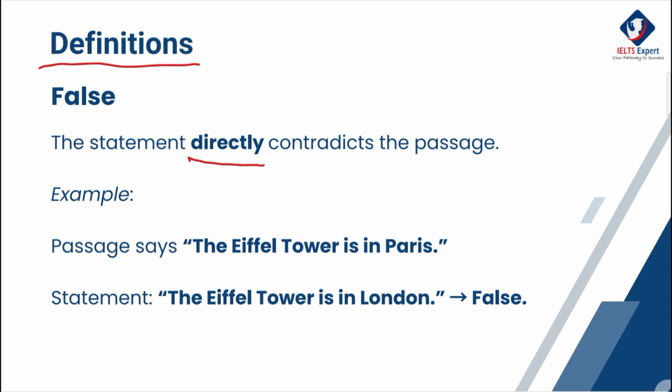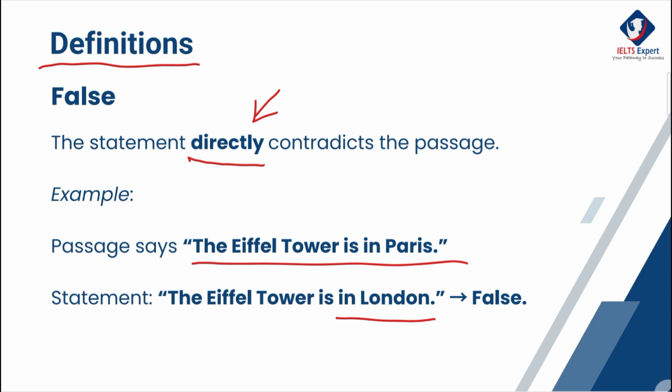For example, when the passage says the Eiffel Tower is in Paris, that is our passage. But the statement directly contradicts the passage. Remember, they're talking about a different place, right? The Eiffel Tower is in London.